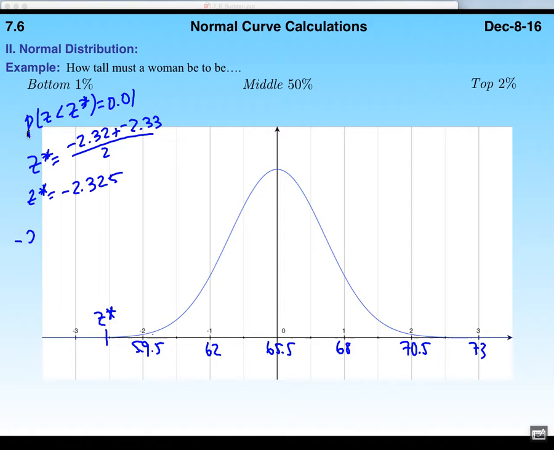So now you would do -2.325 equals the height minus the mean all over the standard deviation. So if we multiply by 2.5 and then add 65.5, we get a height of 59.6875 inches.